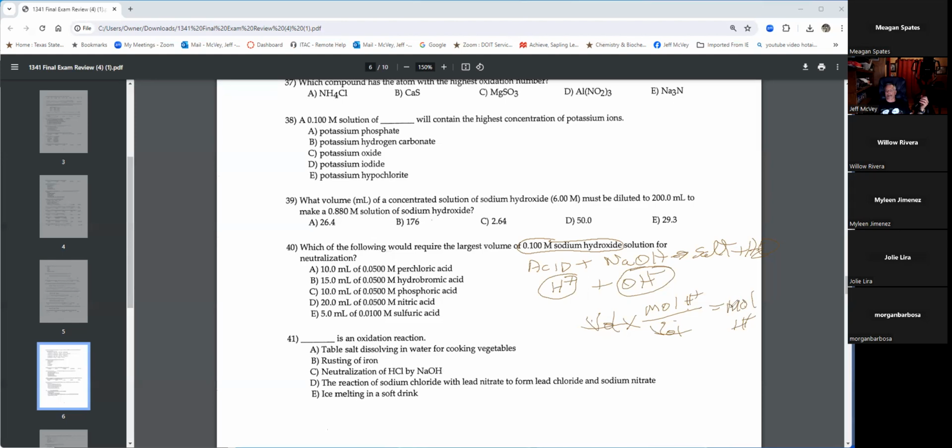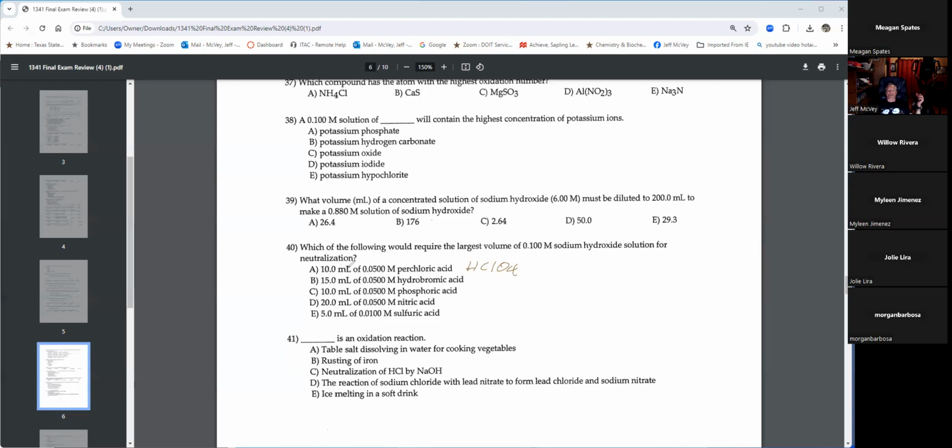Volume times molarity equals moles. All right, so let's come up with formulas for our acids here. Perchloric acid is H3. Sorry, it is not H3. Let me actually erase all of that. So perchloric acid is a monoprotic acid, HClO4.